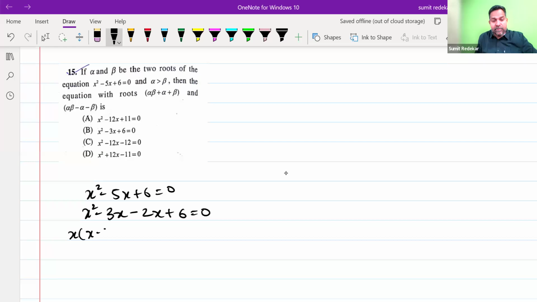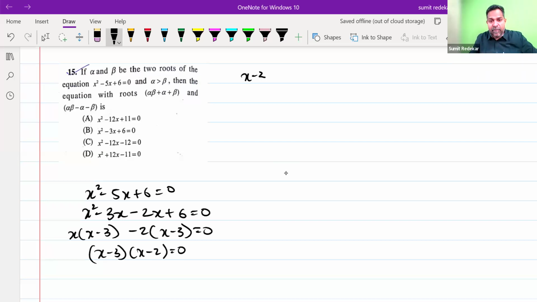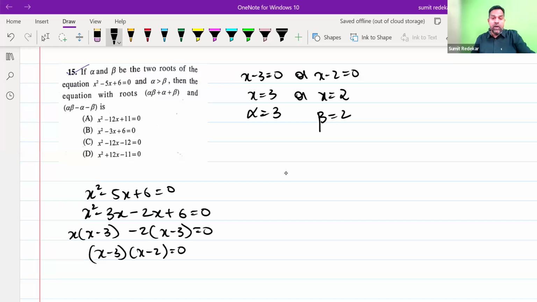Pull the x out common, x minus 3, minus 2 out common, x minus 3 is 0. x minus 3 out common, x minus 2 is equal to 0. So either x minus 3 is 0 or x minus 2 is 0. So either x is 3 or x is 2. No matter what x is, we can now say alpha is 3 and beta is 2.